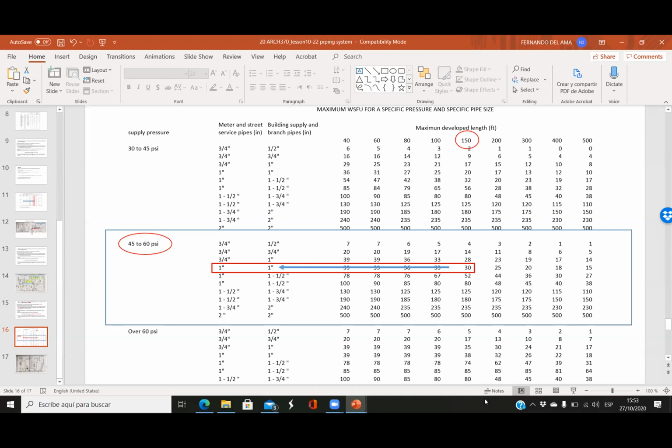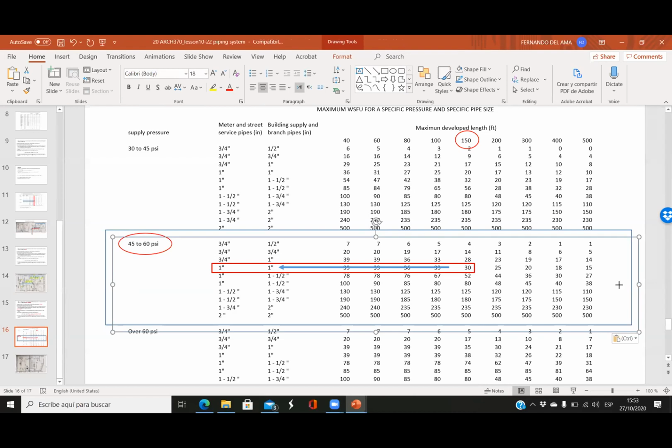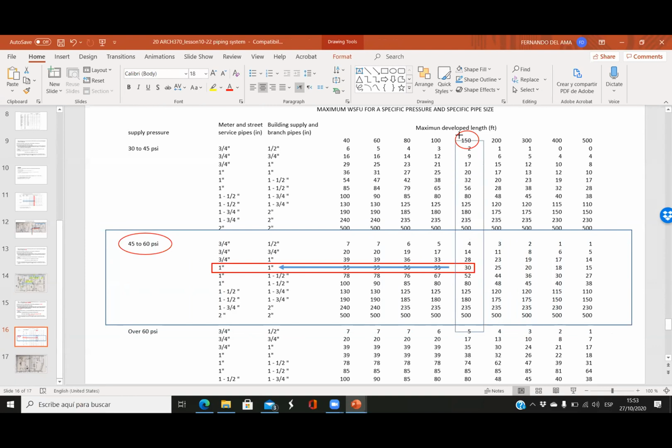So we are in this column. Now we have to work in this column. And finally, we have to select the fixtures, the water.